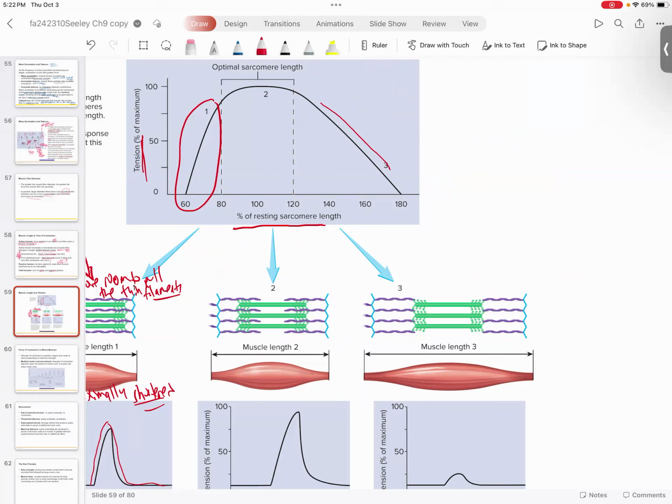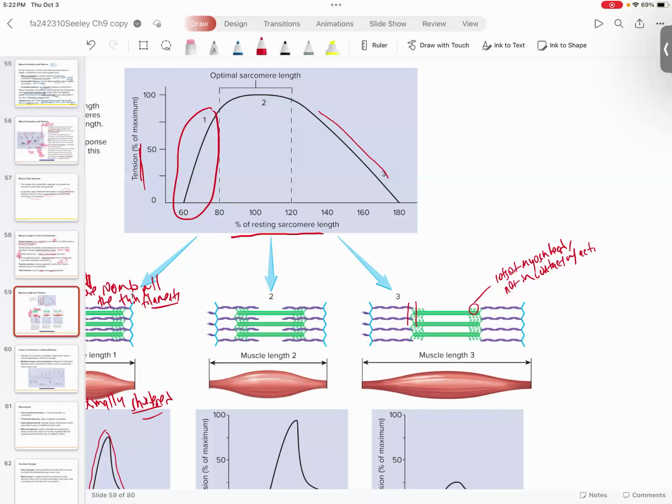In this case, if you notice, your region of overlap here has been greatly reduced. You got a lot of myosin heads here that are just sort of hanging off the end. So it's not in contact with the actin, so it can't grab onto anything.